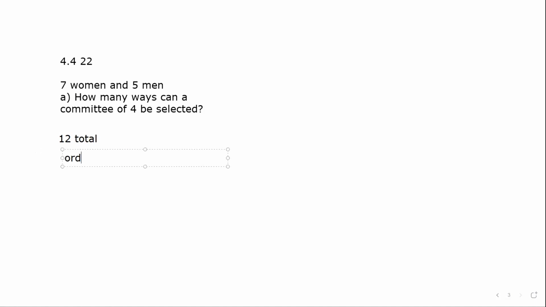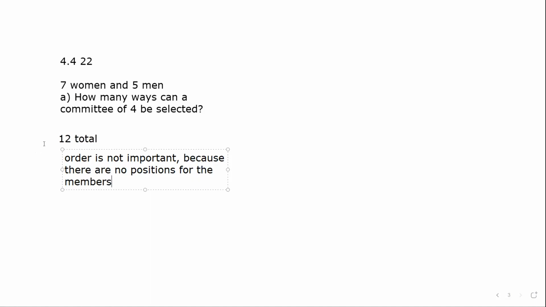So order is not important because there are no positions for the members. It's just a committee. So that leads us to a combination idea rather than a permutation in this case.